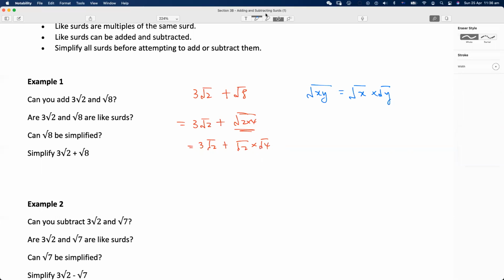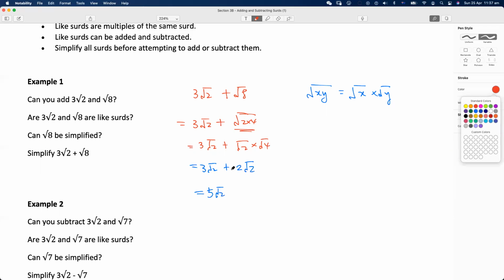But I'm not going to write it here. I'm going to write line by line. So 3 root 2 plus 2 root 2, okay? 3 of root 2 plus 2 of root 2, 5 of root 2. So your answer is going to be 5 root 2, all right? Make sure you simplify before adding.